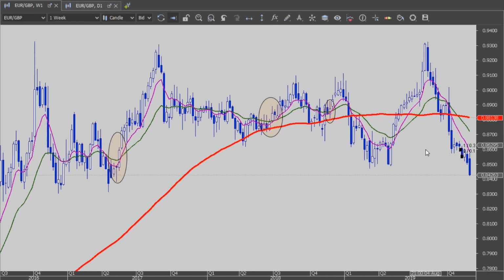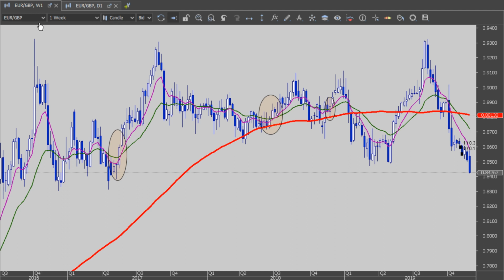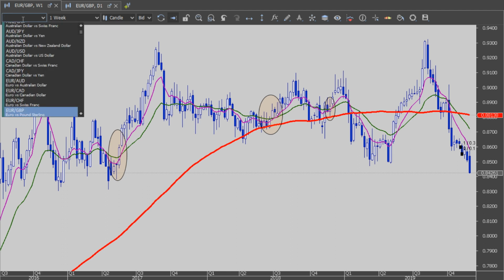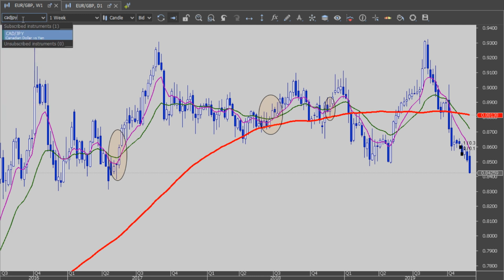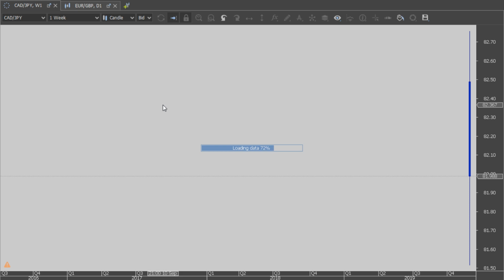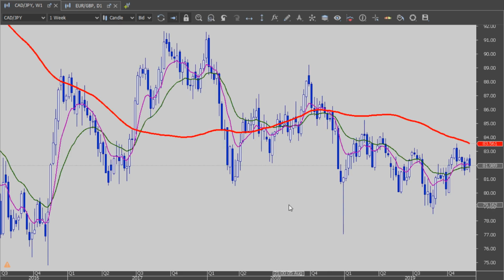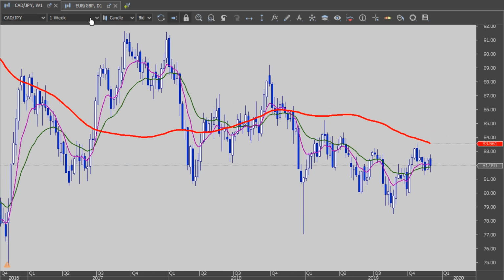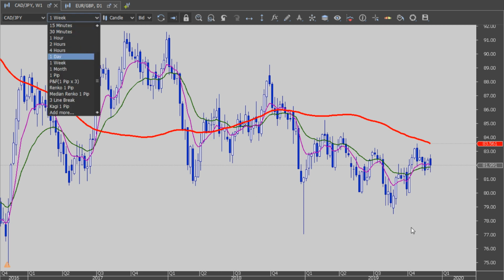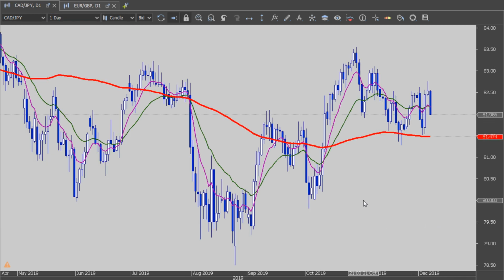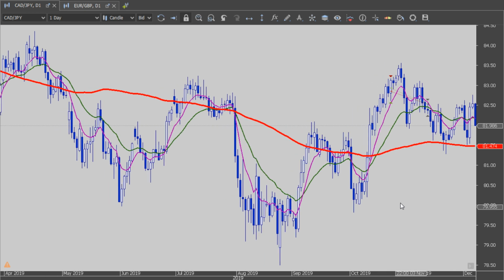And again, we can move on some different currency pair, like which one? Let me think. Canada JPY. We talked about lately the Canada JPY. So let's check Canada JPY, and let's move on the daily chart. Just an example. Okay, and with the same rules, right?